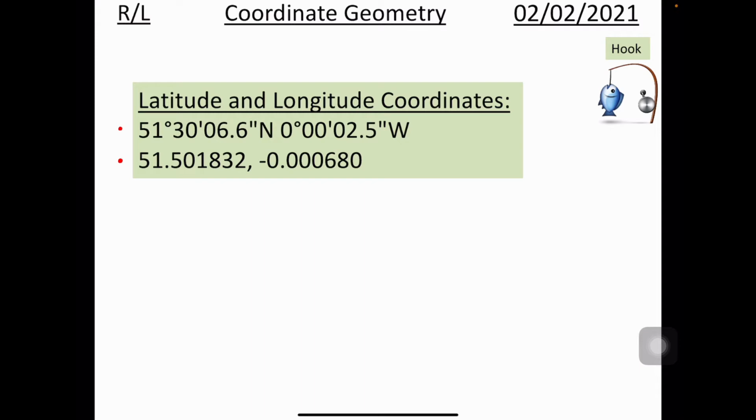And when I say saved my location, I mean I saved the coordinates, my GPS coordinates. And so that just highlights the importance of coordinates. If it weren't for coordinates, you wouldn't be able to send your location to your friend, and you wouldn't be able to get to places using Google Maps, for example.